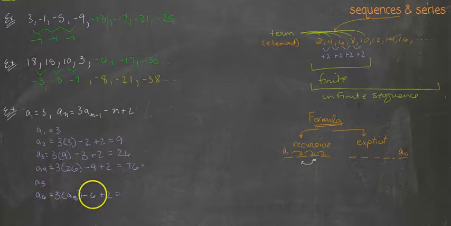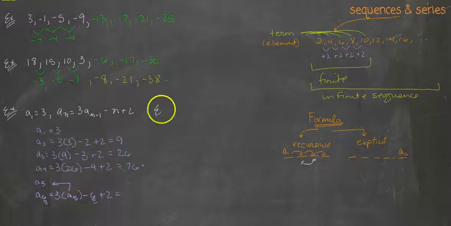I'm able to put in my n value because my n value is 6, but I need to know what a sub 5 is in order to calculate the next term. So in a recursive formula, I have to know every term on the path to the term I want. So you can see if I wanted the 100th term, I got a lot of calculations in my future. And in that case, we would prefer an explicit formula. So let's look at one of those.